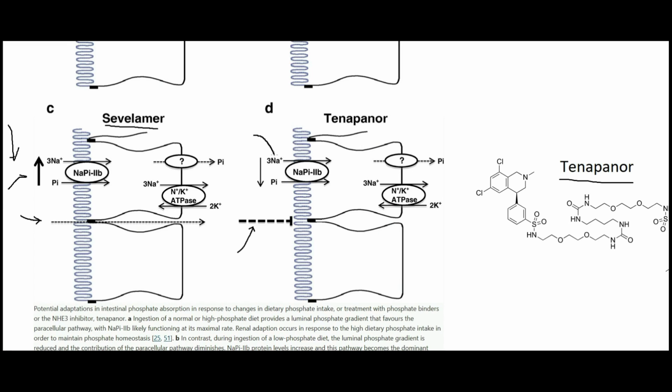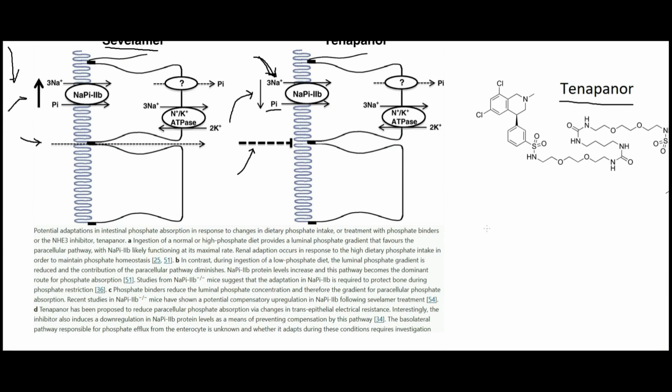And so these sodiums are going to want to move into the cell even more, which is going to speed up this transporter here. That's actually going to cause an increase in the phosphate concentration inside the cell. And so this transporter will actually be down-regulated from that. So that's what the tenapanor does.